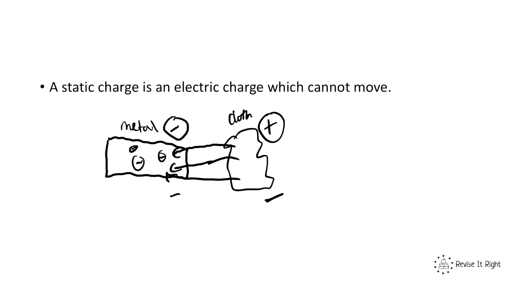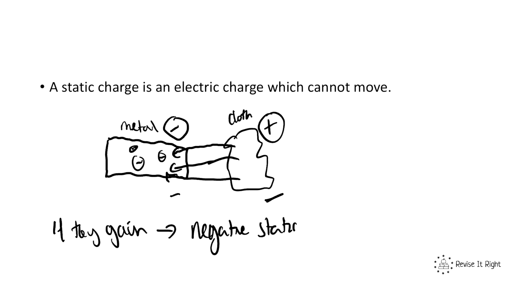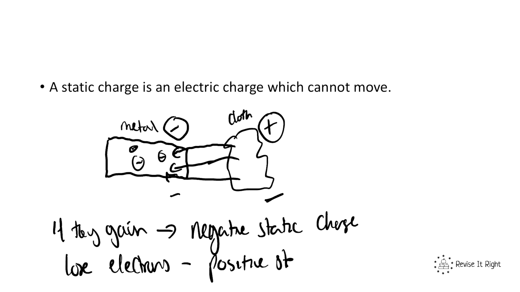If they gain electrons, they become a negative static charge, whereas if they lose electrons, they become a positive static charge. Both negative and positive static charges are caused by the movement of electrons. And remember, a static charge is an electric charge which cannot move.